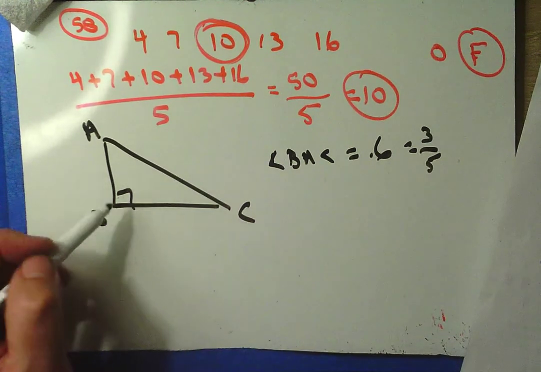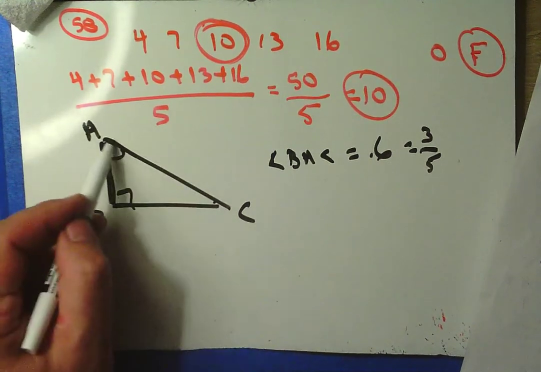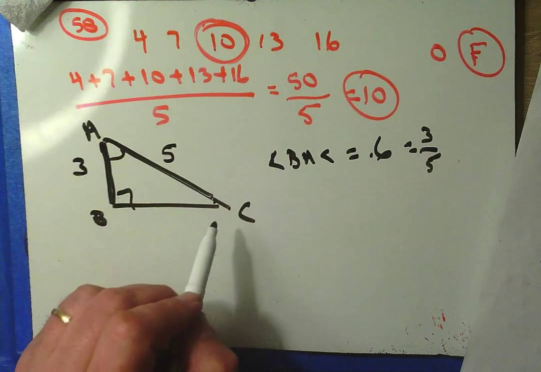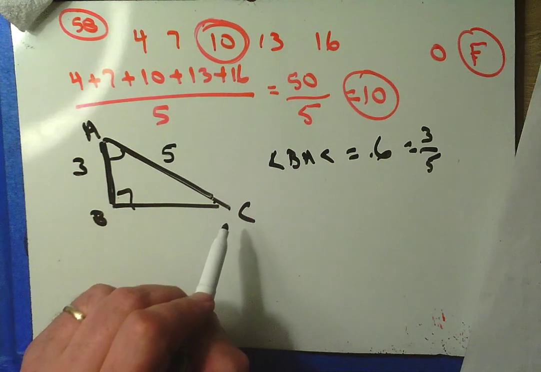So if cosine of BAC, this angle, is adjacent over hypotenuse, this is a 3 and this is a 5. If the hypotenuse is 15, what's the side length of BC?